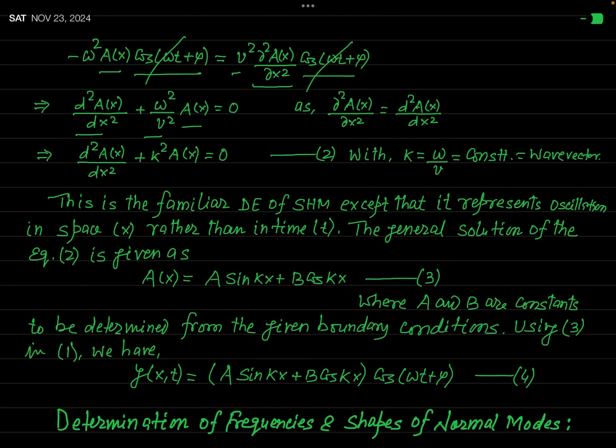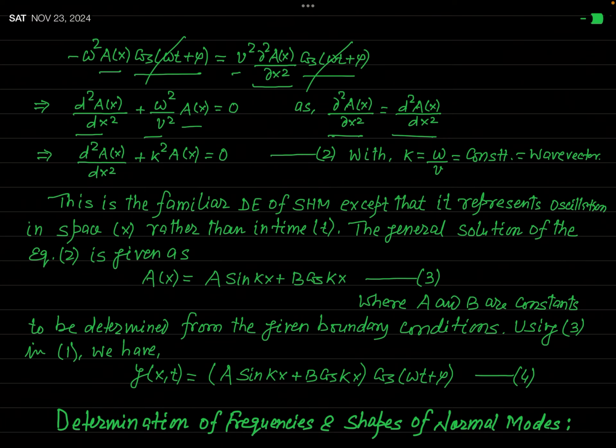As I have told you earlier, since A is only a function of x, there is no need to write its partial derivative, because a partial derivative is meaningful only when our function is a function of more than one variable. Here A is a function of only one variable x, so its partial derivative with respect to x and its ordinary derivative with respect to x will be the same. So instead of del 2A by del x square, I have written d2A by dx square.